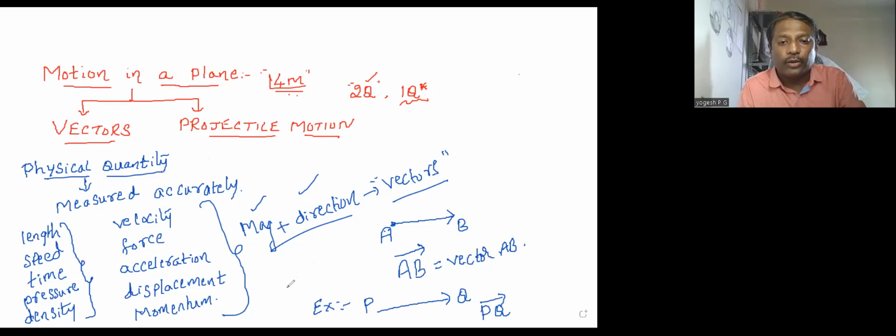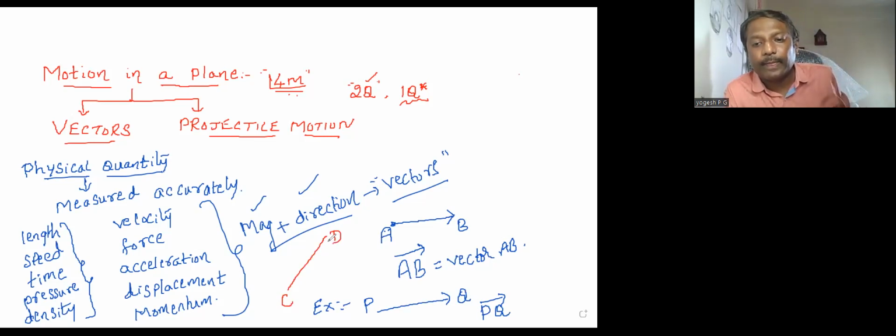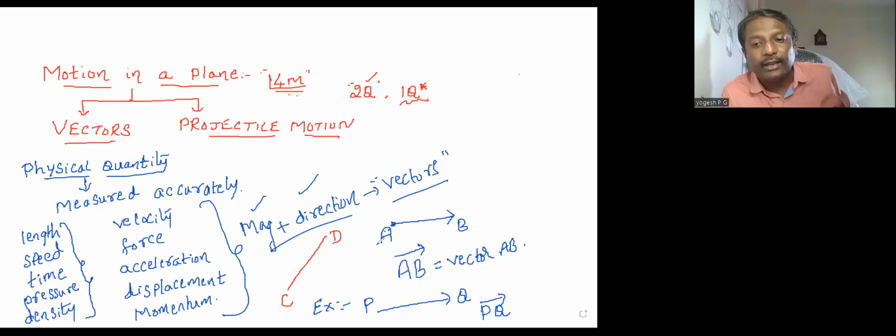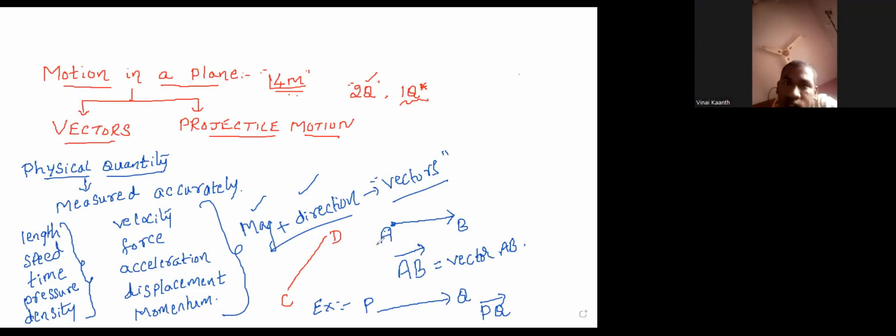Now I'm going to give one more vector. Let us say CD is the vector. Can you tell me which is the initial point? D, sir. C or D? C. Okay. Why not D?